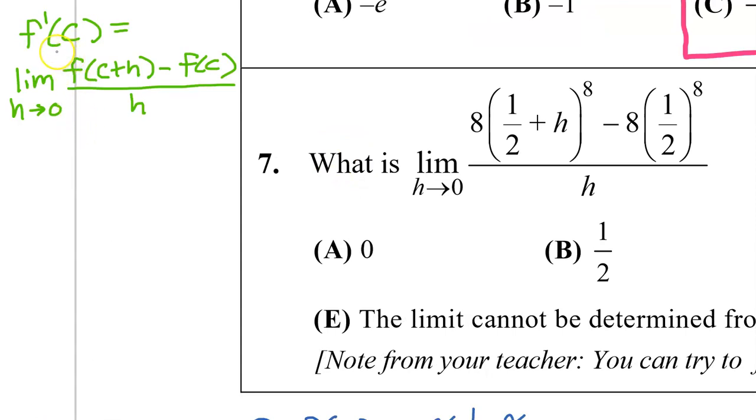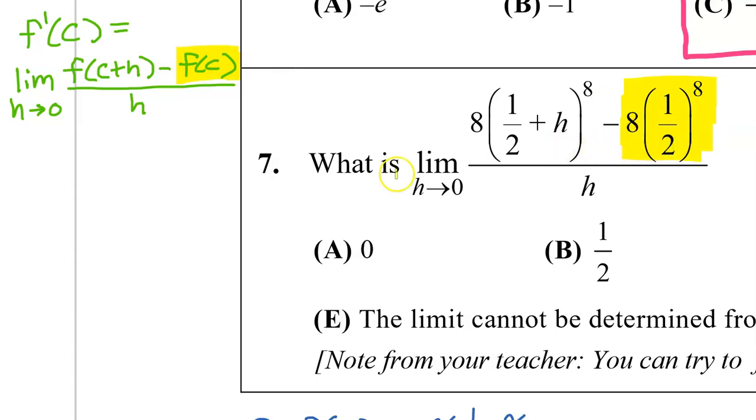The traditional definition of derivative, f prime at c, is this: the limit as h approaches 0 of f at c plus h minus f at c all over h. If you compare that to the limit that we were given, you can see how things sort of match up. Let's focus on the last term in the numerator in both versions.